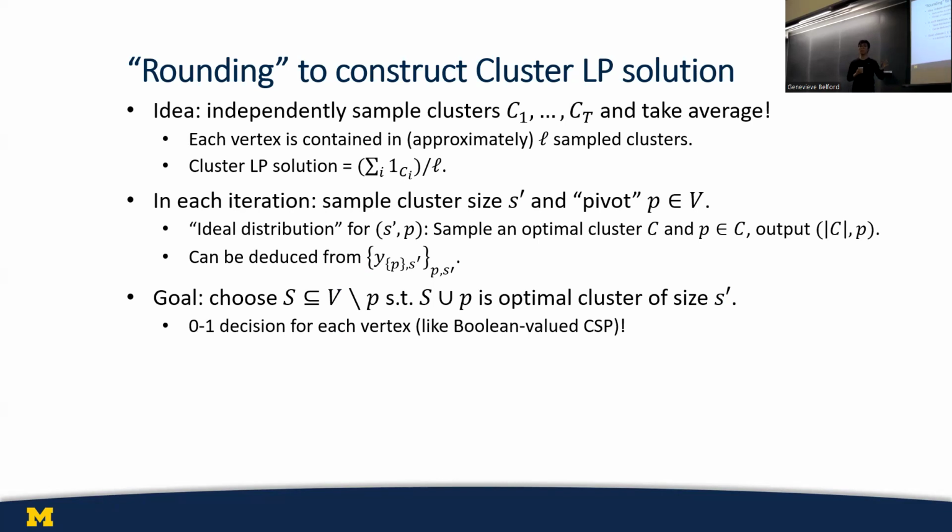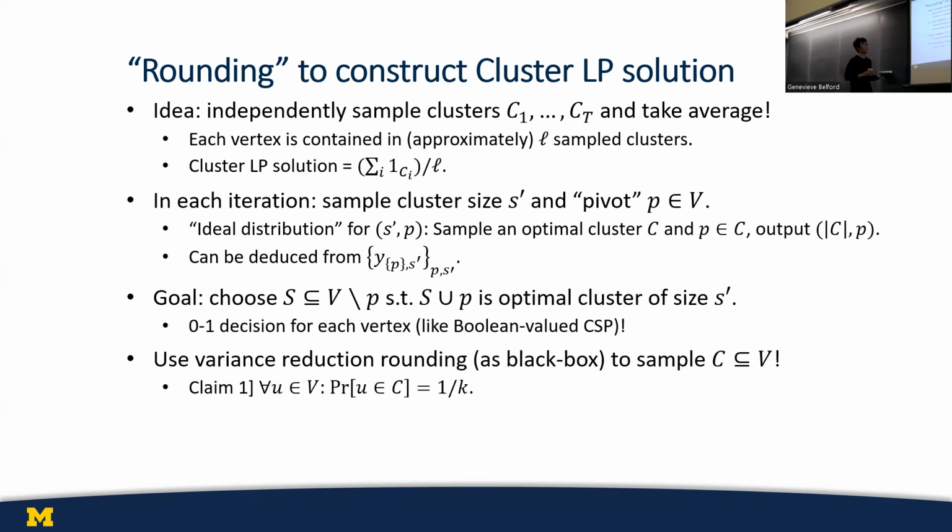We sample P, we even know the size of the cluster, so all you're doing is deciding whether each vertex goes with P or not. It's now like the Boolean CSP problem. If you know this, then one can use the variance reduction rounding almost as a black box to sample one set of vertices C.